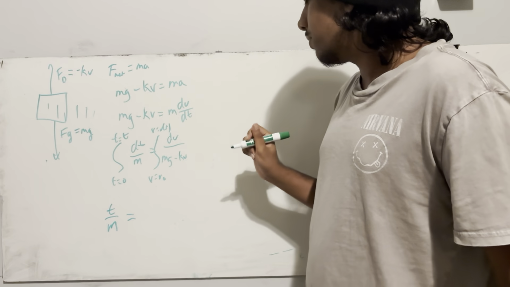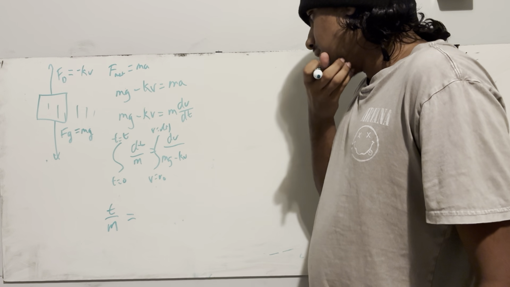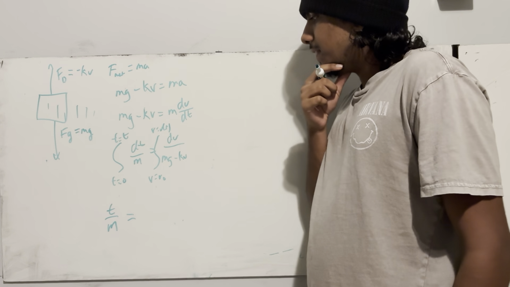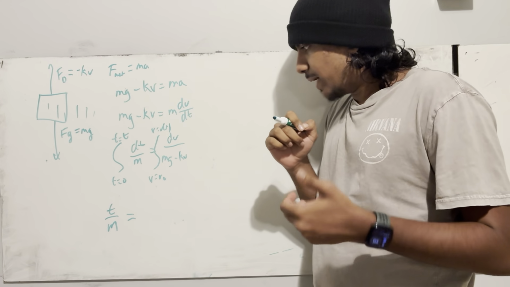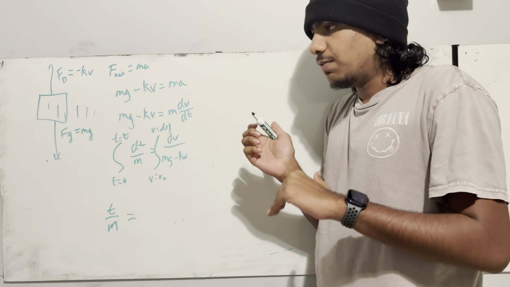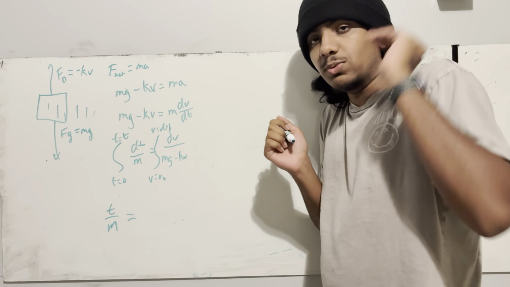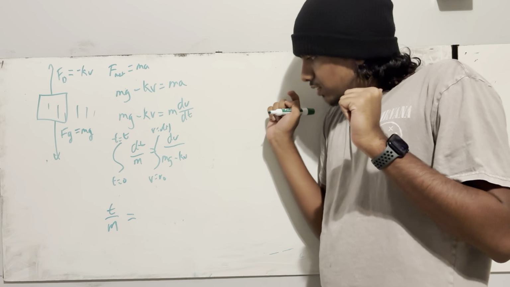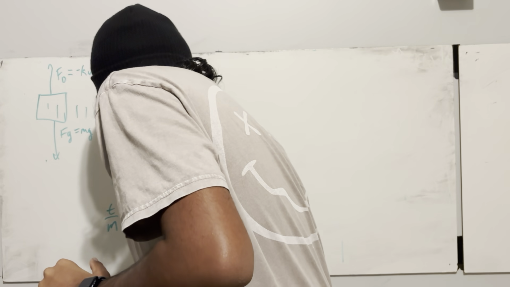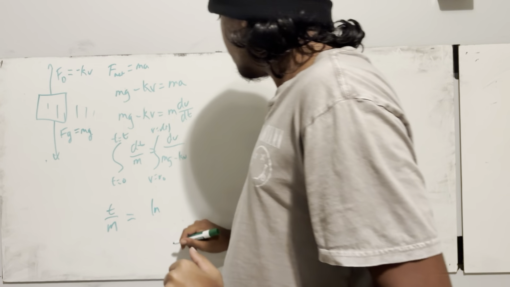which equals, okay, this is, we're going backwards, right? We're going backwards. 1 over something, if you go backwards, that's natural log, right? Because the derivative of natural log of something is 1 over that something. So we're going to have a natural log, right?